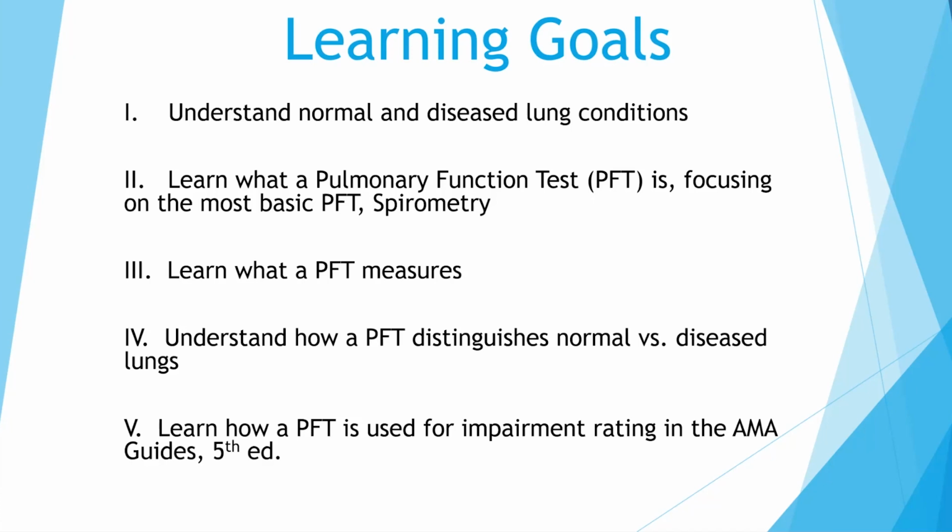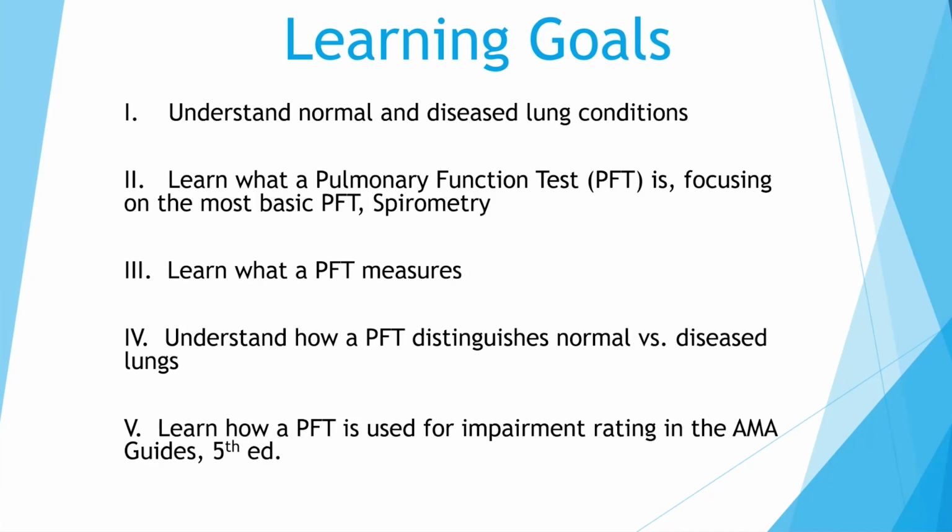Next, we want to learn about what the PFT actually measures, and we'll be going through that in something called the pulmonary flow loop. And then we want to talk a little bit about how the pulmonary flow loop or the pulmonary function test can tell us the difference between normal and diseased lungs and what type of diseased lungs we're looking at.